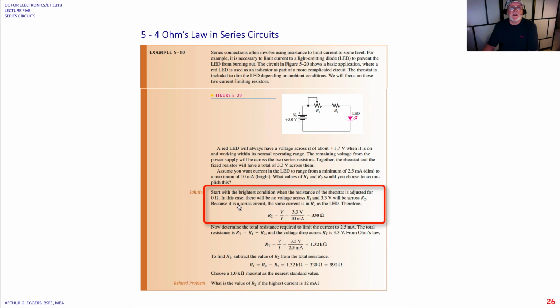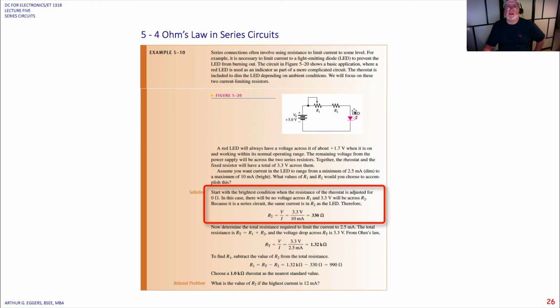Because it's a series circuit, the same current is in R2 as the LED. So we can use Ohm's law to calculate the resistance for R2, V over I. So 3.3 was the voltage drop, 10 milliamps was the maximum current. We now have a value of 330 ohms for the fixed resistance.